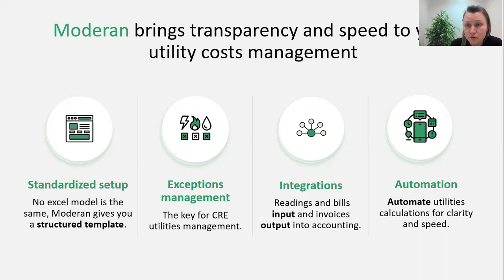You need a powerful tool to manage all the exceptions in different properties. Integrations are a way forward to speed it up and not waste your team's time on manual data input. And all together, this automation gives you more clarity and more speed in managing your properties.